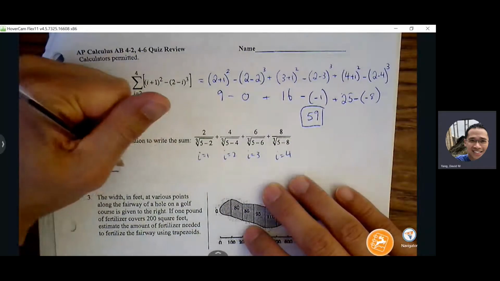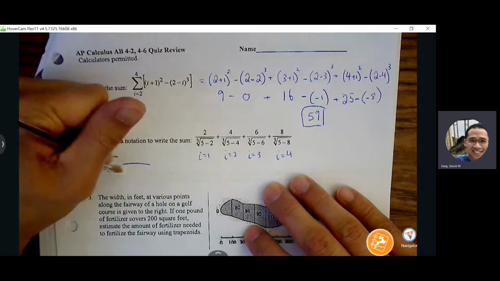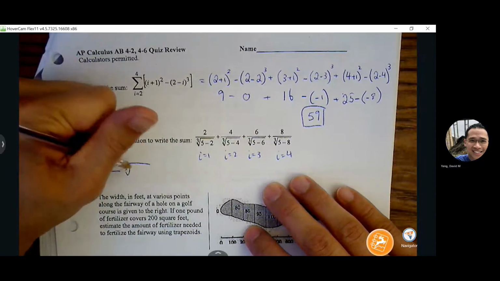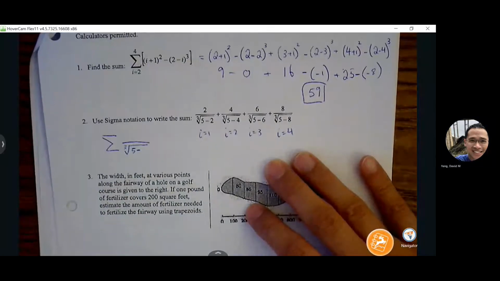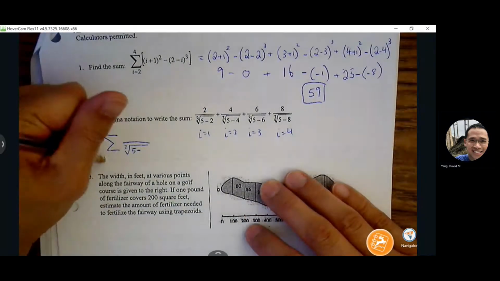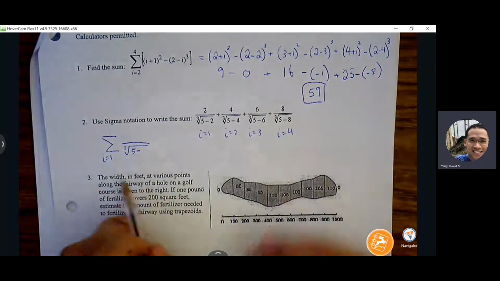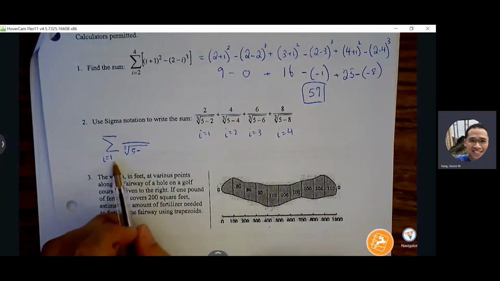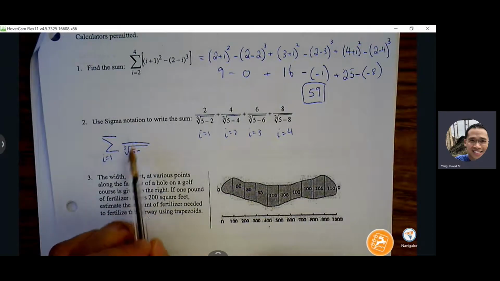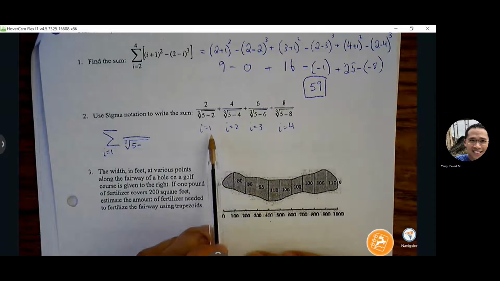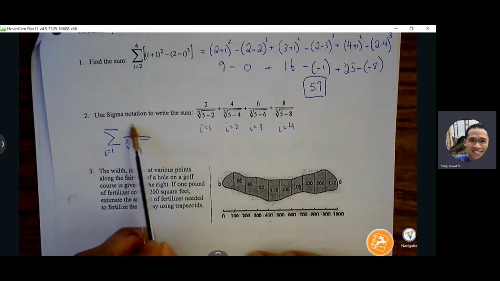All right, so just to kind of get something started here, I know that, and the minus, right? I'm going to start with i equals 1, so I need to find something in terms of i that will allow this to produce 2, 4, 6, and 8. Okay. Any idea what this expression could be?